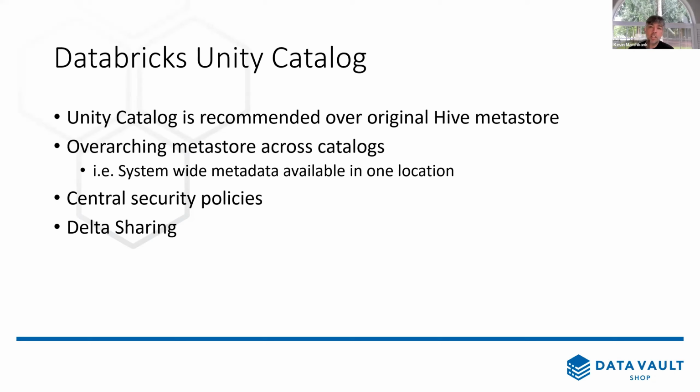At the bottom, you can see Delta sharing, which is where you can share out that data to other organizations and control that from a security level, and Unity catalog also allows you to audit that sharing. So you get your system-wide metadata available in one location across those catalogs, and central security policies. That's really what Unity catalog is doing for you in the Databricks environment.